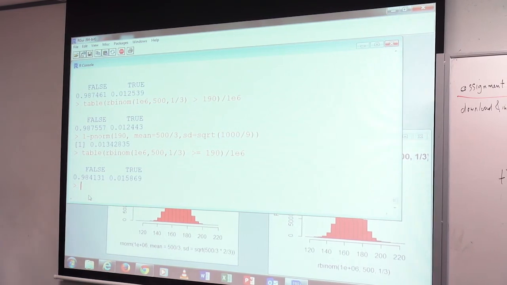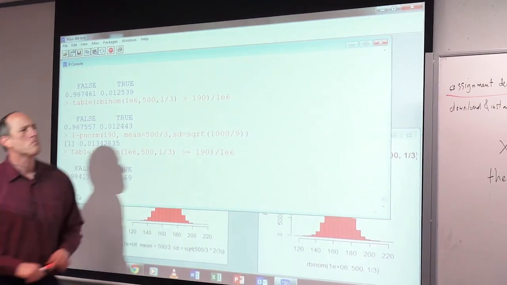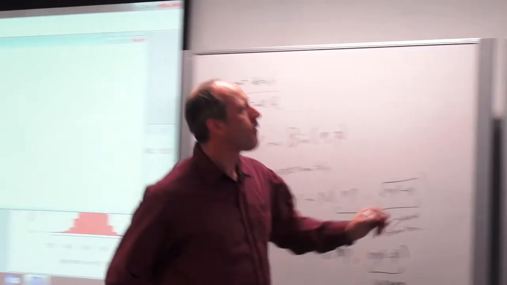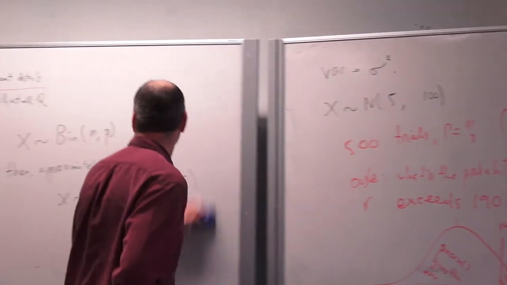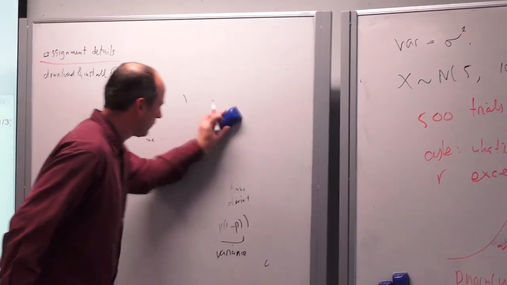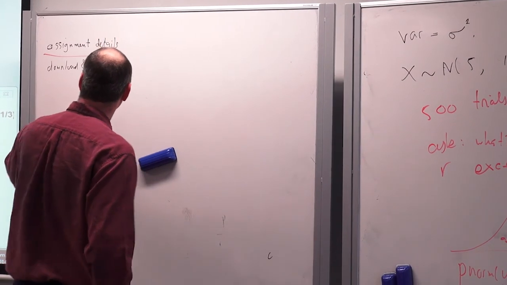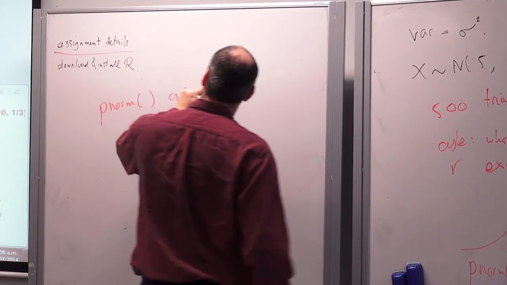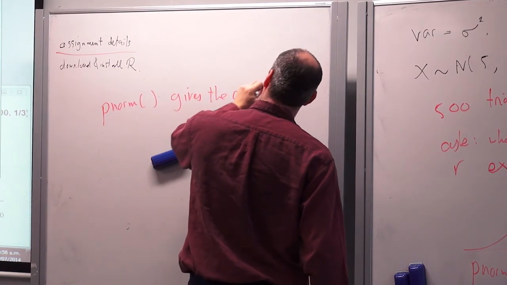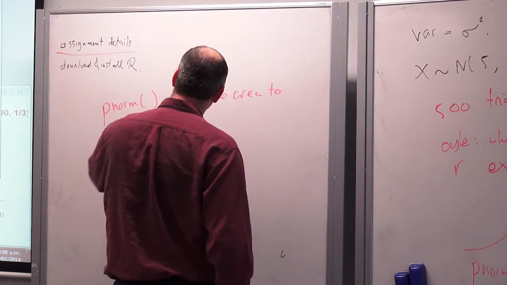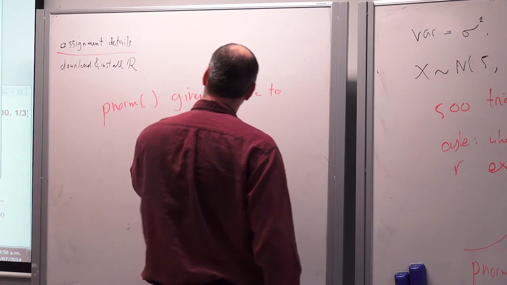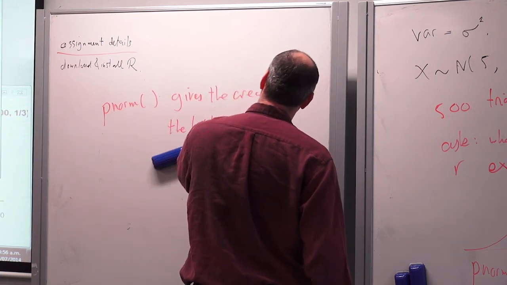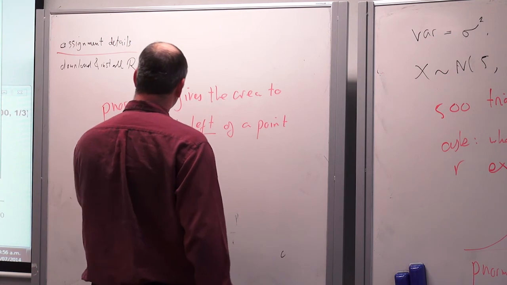So, take-home messages. pnorm gives the area to the left of a point in a Gaussian distribution.